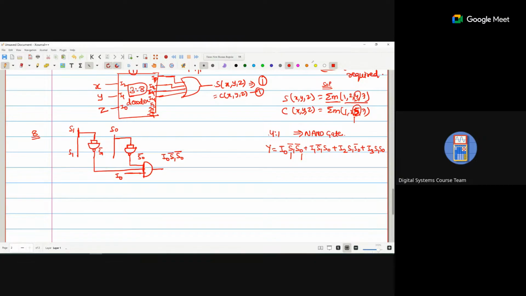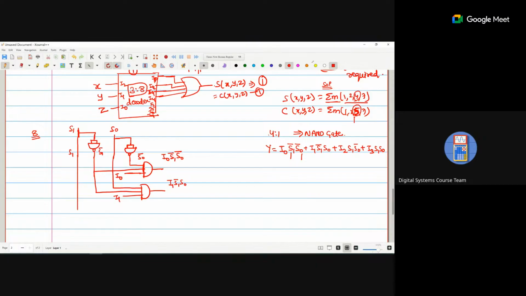I am getting I naught, S1 bar, S naught bar. For S1 bar, S naught, we take from here and multiply with I1. So this is the second AND with I1, S1 bar, S naught.